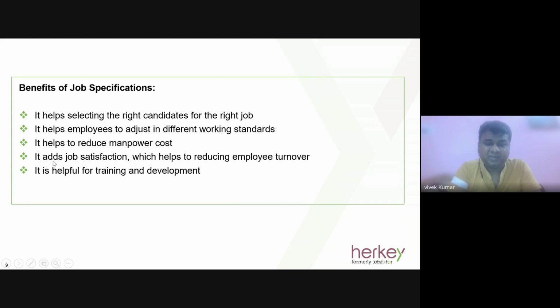the fourth point is it adds job satisfaction, and of course, that helps you in reducing employee turnover. Now, it's very simple. If I mention that, okay, this is your challenge as a national level sales head, you have to talk to territory managers of different territories, states, and so on, right?